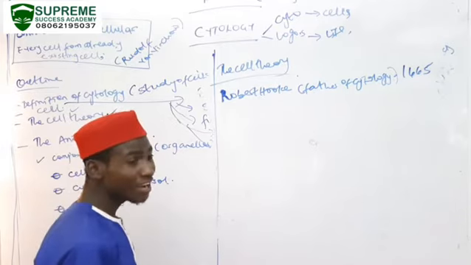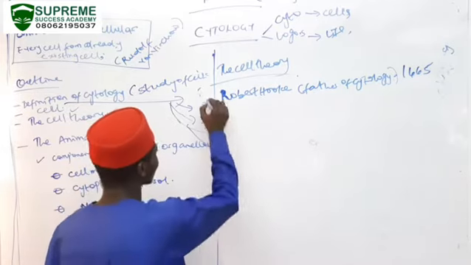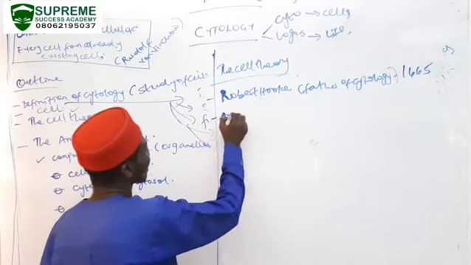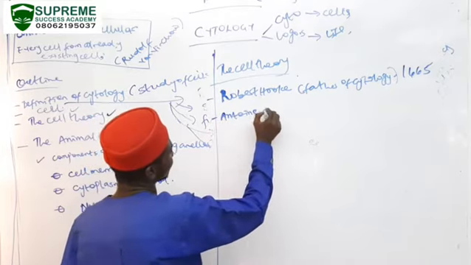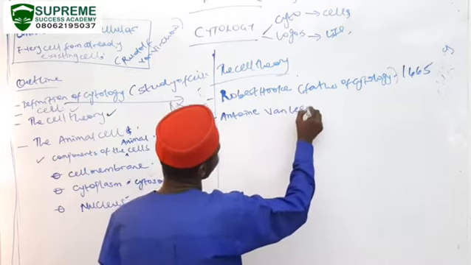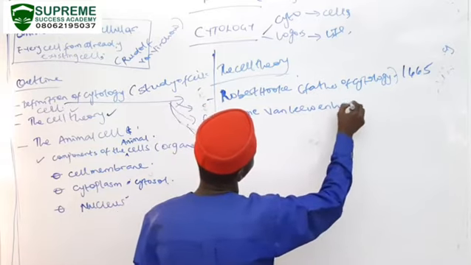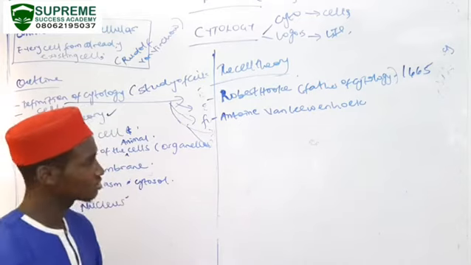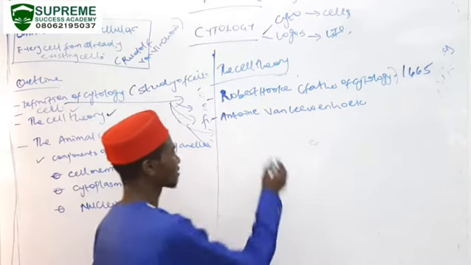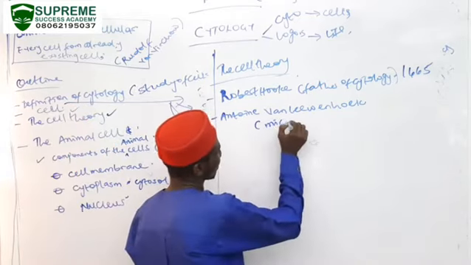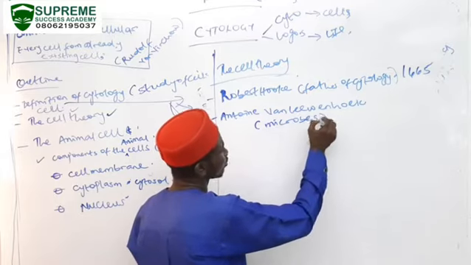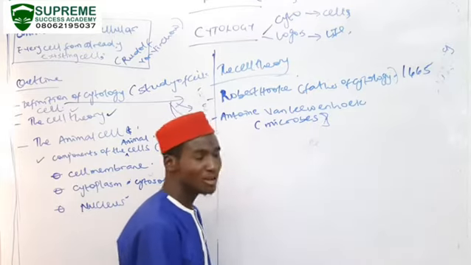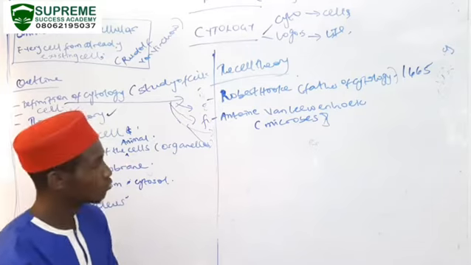Then, another contributor to the development of the cell is Antoine van Leeuwenhoek. With his crude microscope, he discovered microbes. So, some literature describes Antoine van Leeuwenhoek as the father of microbiology.